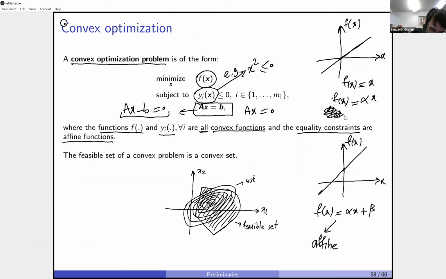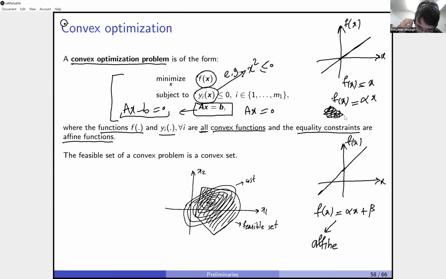So when we have this format of the optimization problem, where the objective function and the inequality functions are all convex functions, and the equality constraint is an affine constraint, then this is called a convex optimization problem. Usually the easiest problems to deal with in optimization are convex optimization problems.